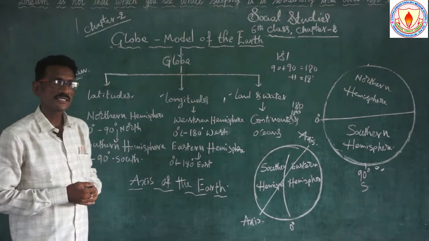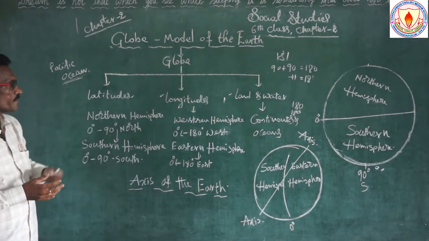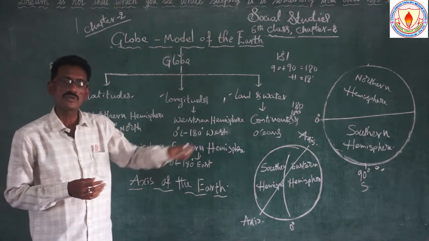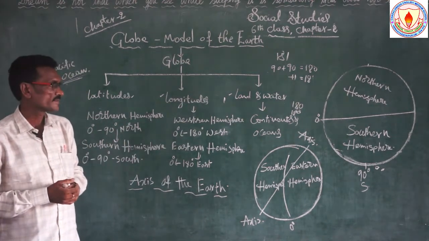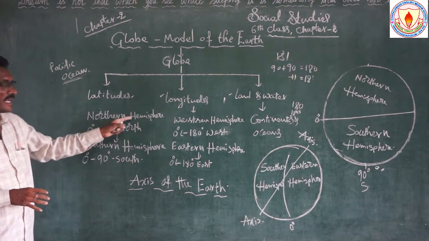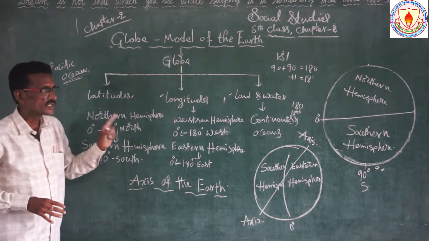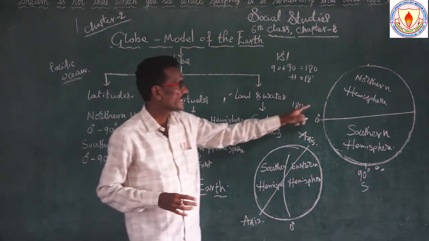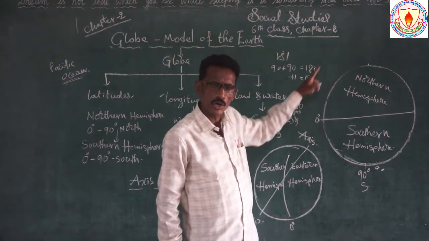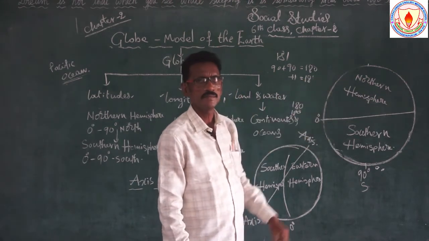With the help of latitudes and longitudes we can find out the places. See here children, what is the northern hemisphere? Look at the board, this is the imaginary globe.